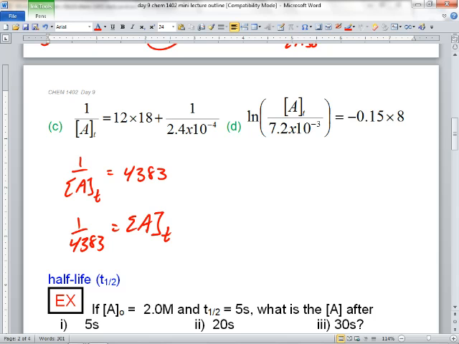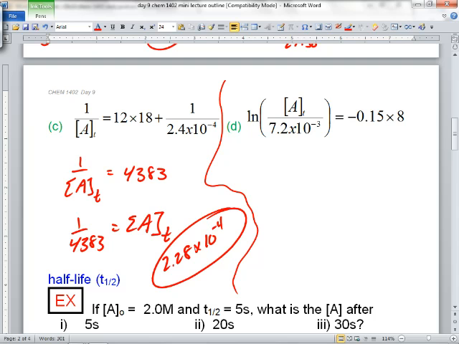And just use that 1 over x. 2.28 times 10 to the negative 4. If it's already in your calculator, just push 1 over x. So that's why you get used to that 1 over x button. It really speeds things along.